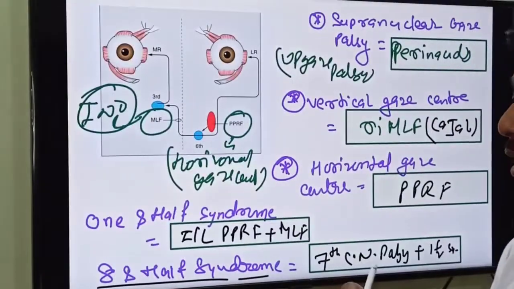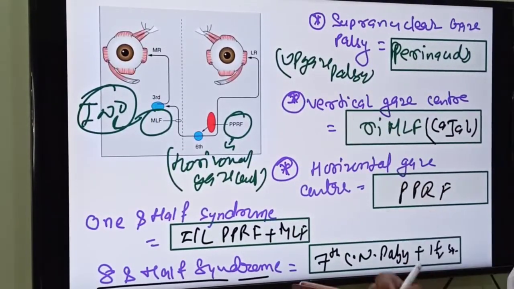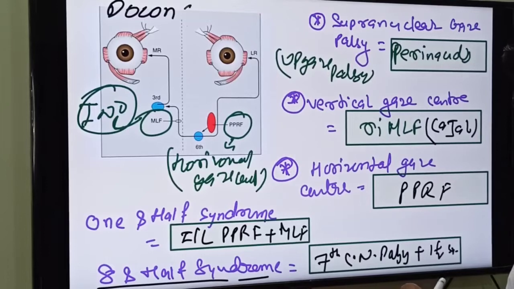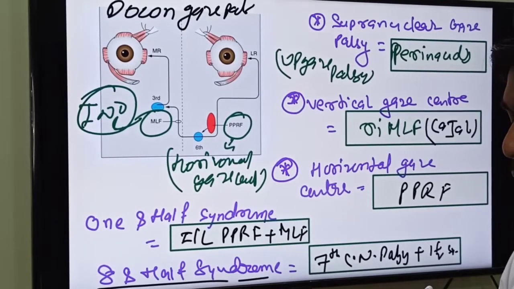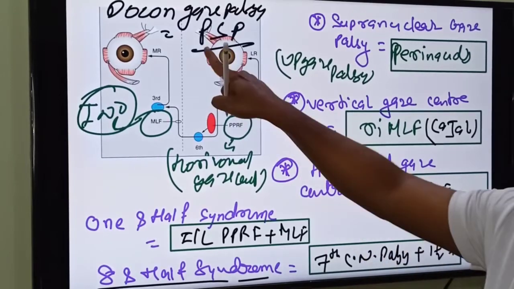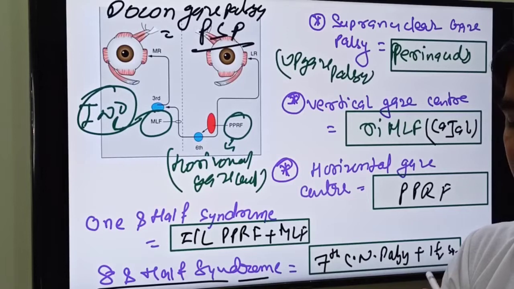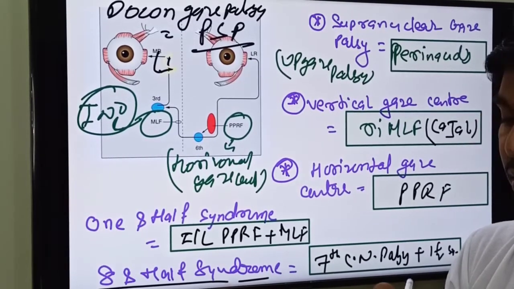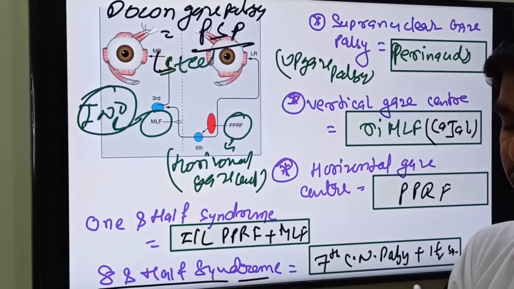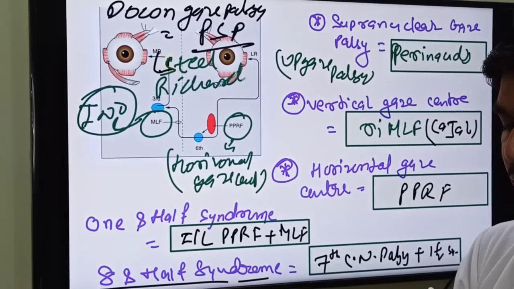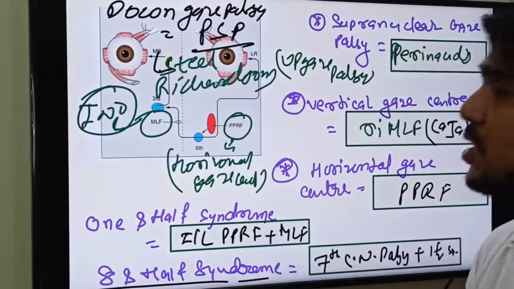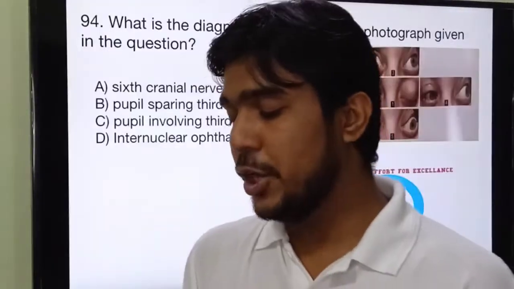And one important thing, this one is the up gaze palsy. What will happen in down gaze palsy? It is in PSP, progressive supranuclear palsy, or we can say Steele-Richardson syndrome. This is all about the neuro-ophthalmology that you will need to know.